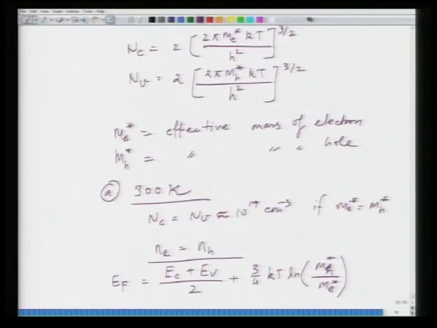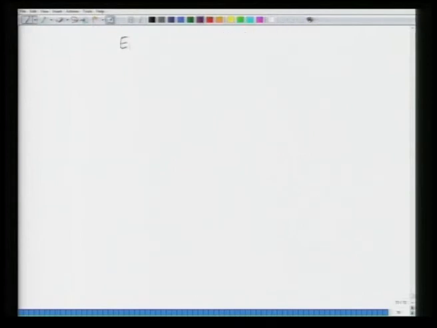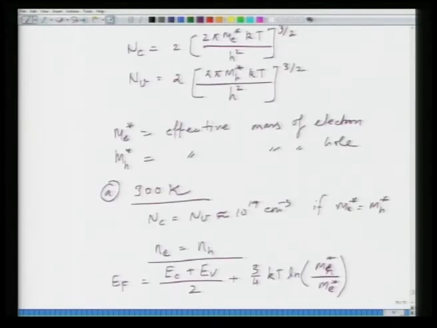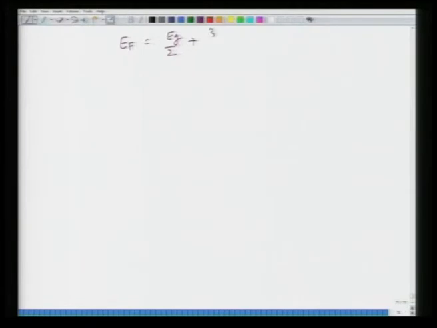So your EF becomes EG by 2 plus 3 by 4 kT ln MH star divided by ME star. If this was equal to 1, then EF was equal to EG by 2 for an intrinsic semiconductor. This is what we assumed to begin with.